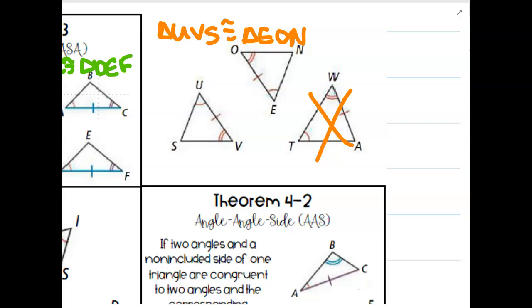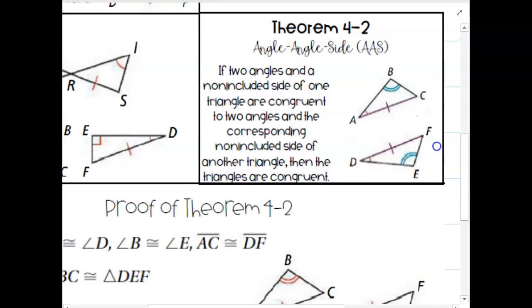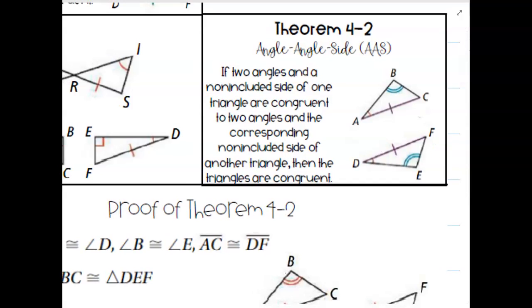Now, like I said, that's a postulate, so we can't prove that one, but the other one is a theorem, and it is the angle, angle, side theorem. This is similar to angle, side, angle because we have two angles and a side, but this time the side is a non-included side. In this picture, we have angle A congruent to angle D, and angle B congruent to angle E, but AC is not in between the angles.